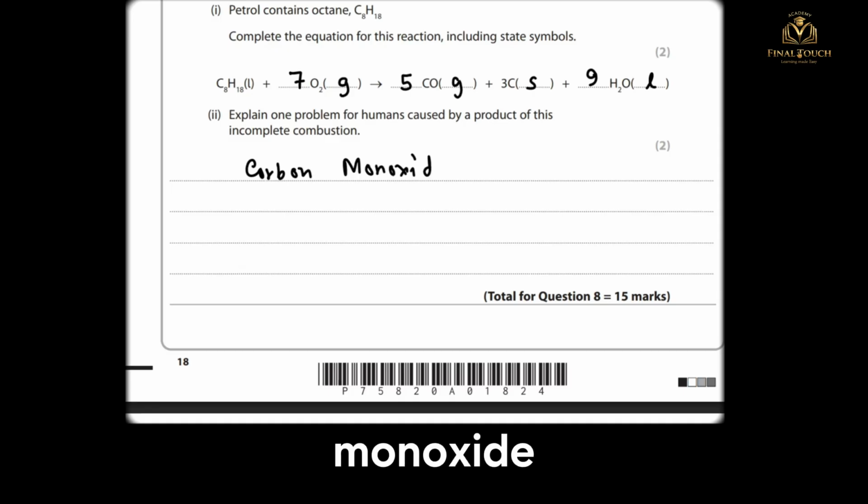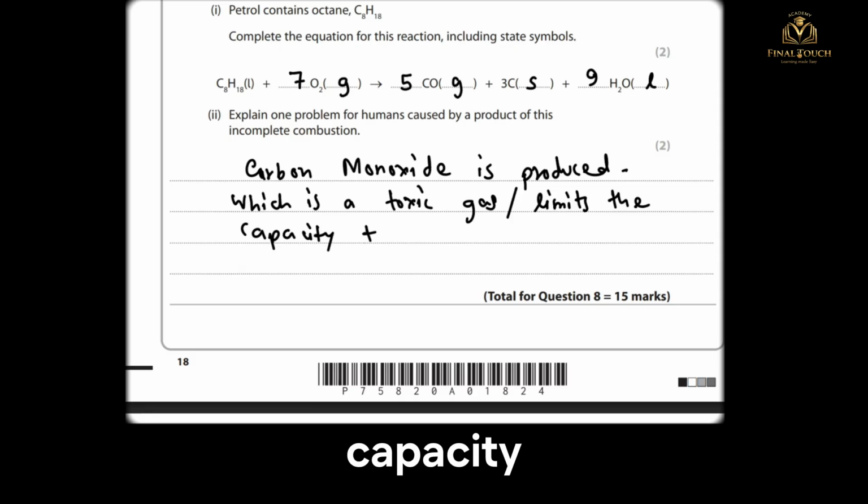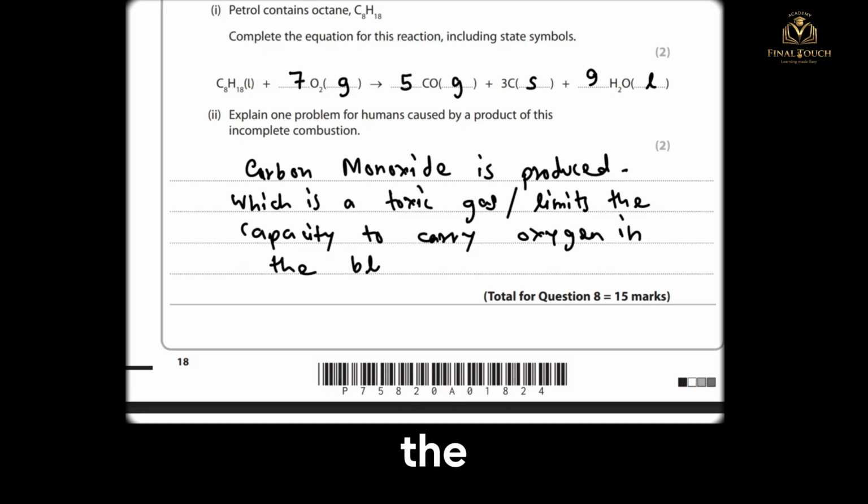Carbon monoxide is produced, which is a toxic gas, or you can say limits the capacity to carry oxygen in the blood. So that's your answer for question 8.